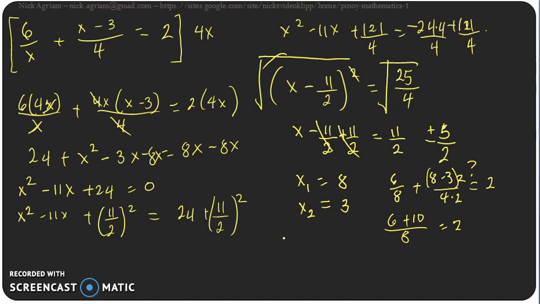What about if 6 divided by 3 plus 3 minus 3 divided by 4 is equal to 2? As you can see, this is 0, so the whole term is 0. 6 divided by 3 is 2. Then we get the correct answer.